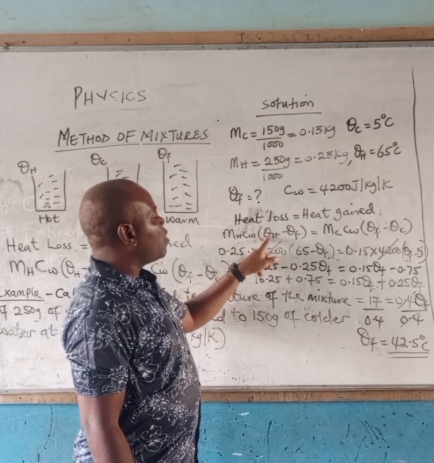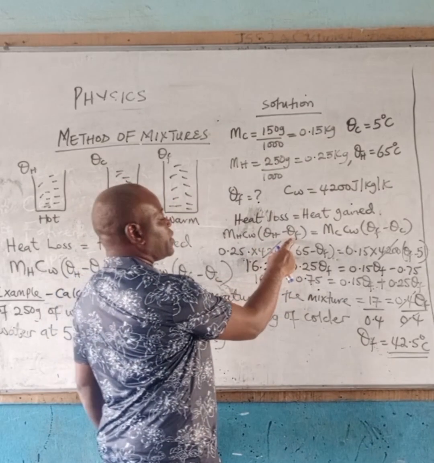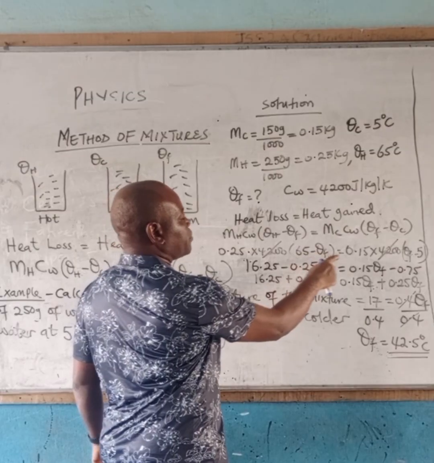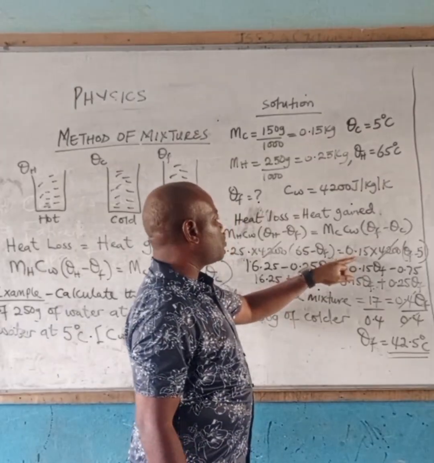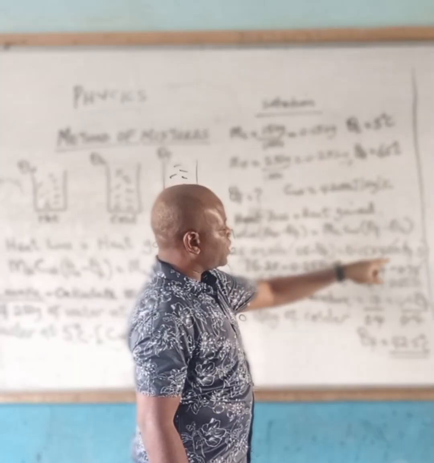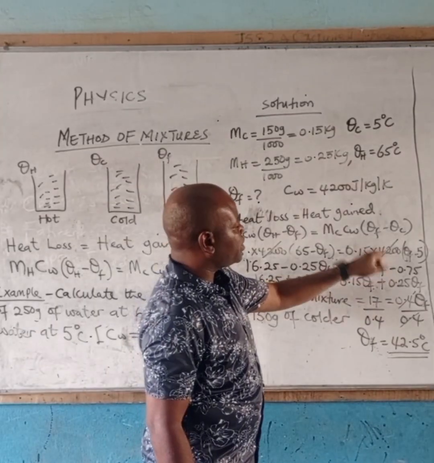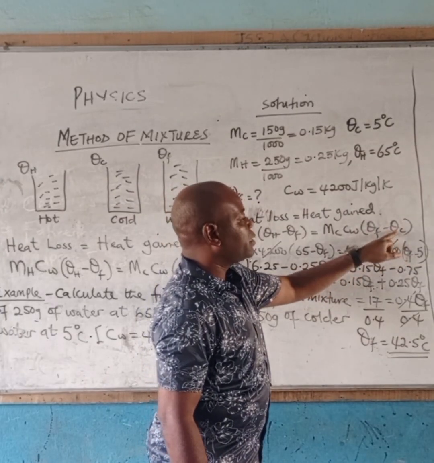The temperature of hot water is 65. We are asked to find the final temperature, which is theta F, equal to the mass of the cold water, which is 0.15, times the specific heat capacity of water, which is 4,200, final temperature unknown minus the temperature of the cold.